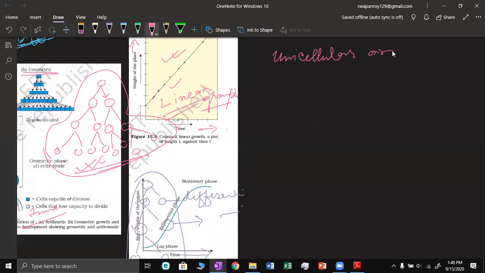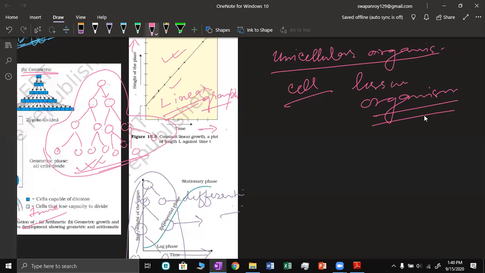Cellular organism, that is at the organism level. Unicellular organisms divide to form two cells, which will form four. This happens at the level of cells, at the level of tissue and organism.